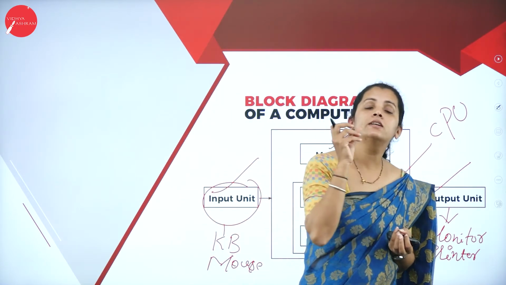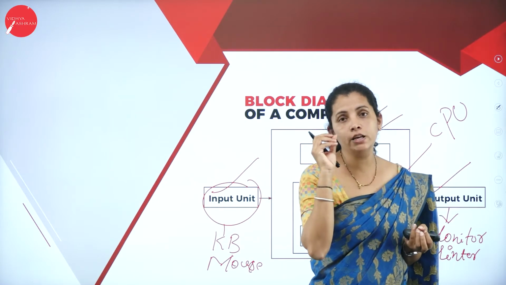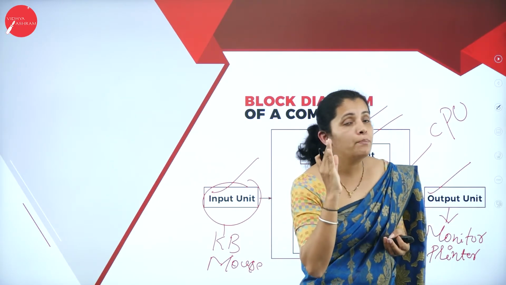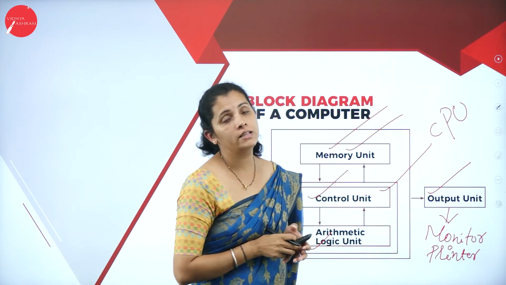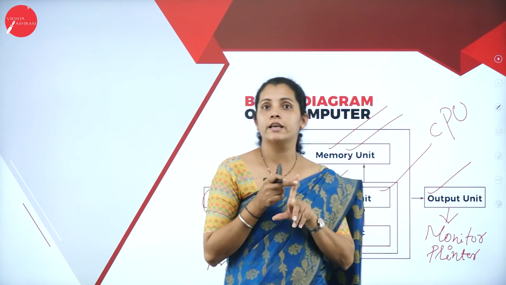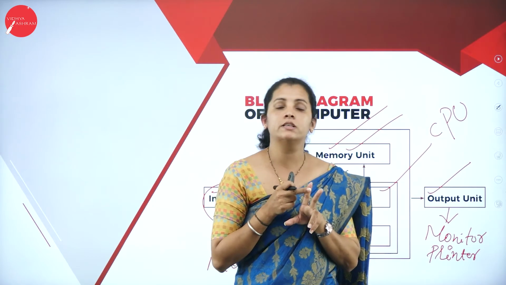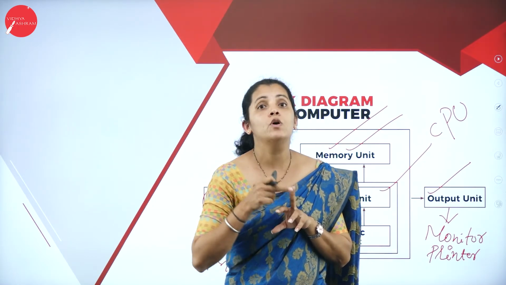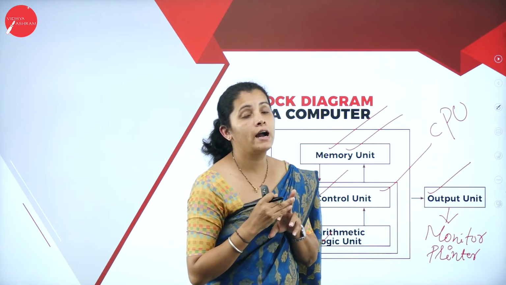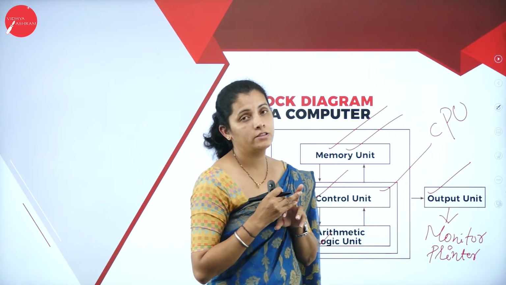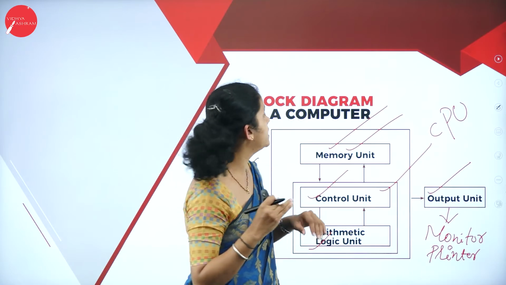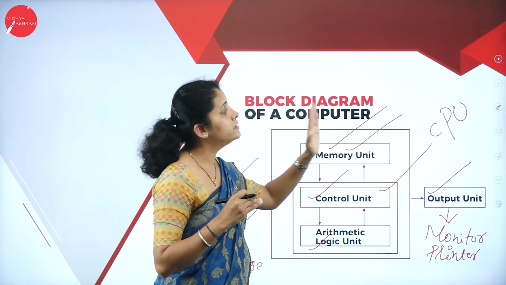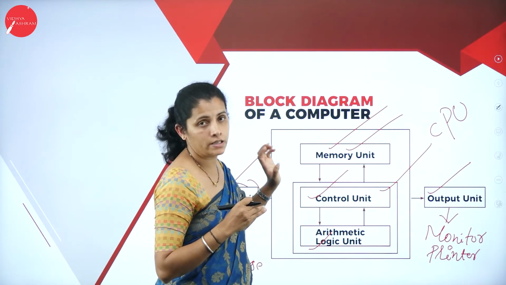So here the general purpose register is mainly used to store the data, and it supports 5 different types of registers, that is accumulator, program counter, instruction register. Then we are going to have memory data register and memory address register. These are the 5 different types of registers that come under the CPU.